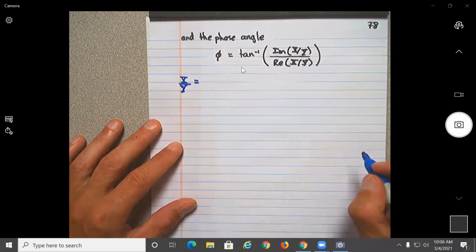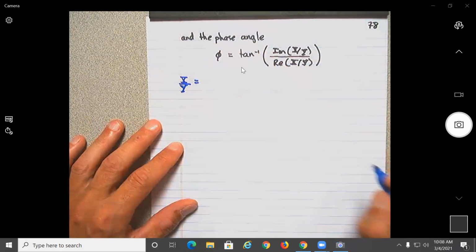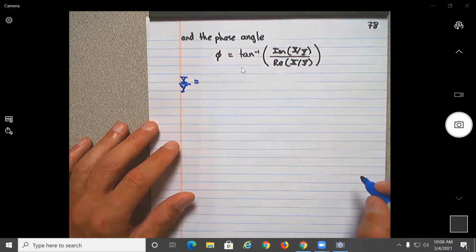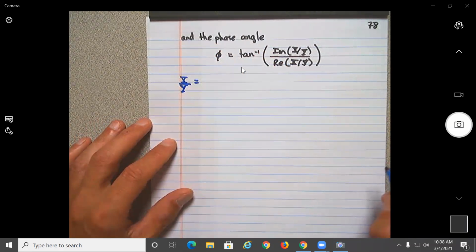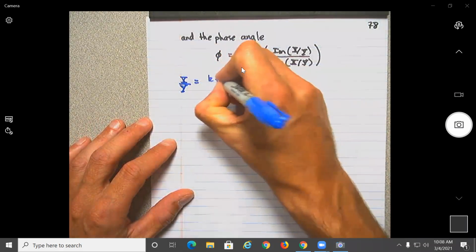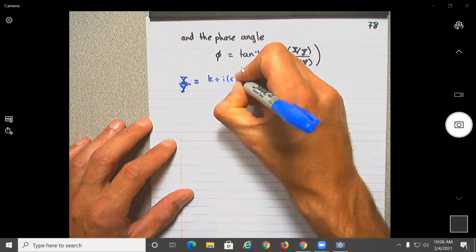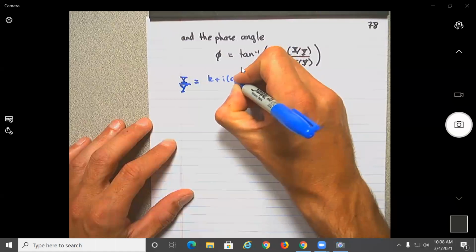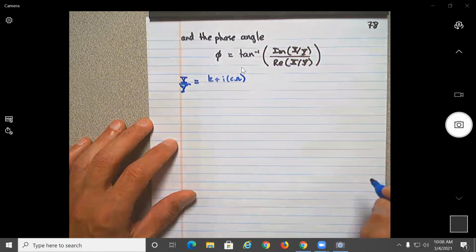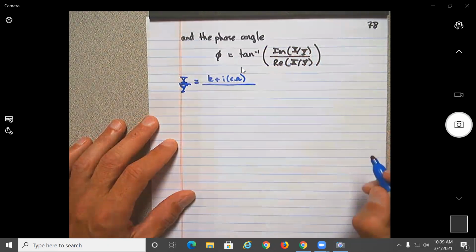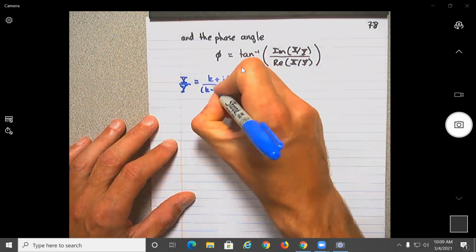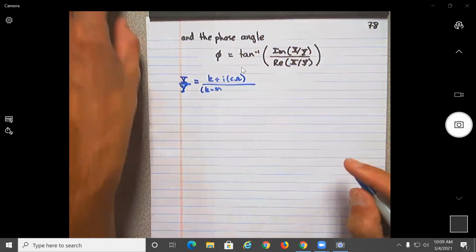It's equal to the k plus I c omega divided by the k minus, I'm copying from the previous page, okay?